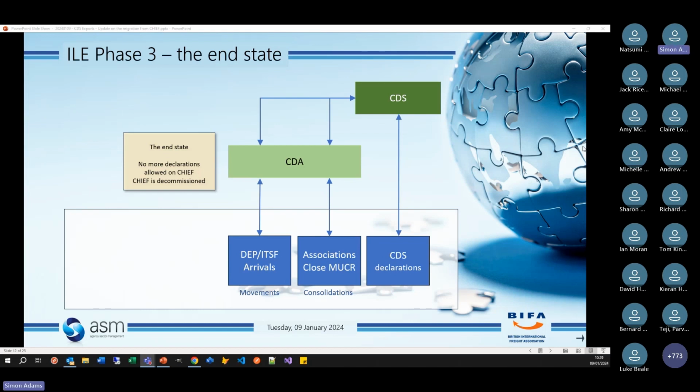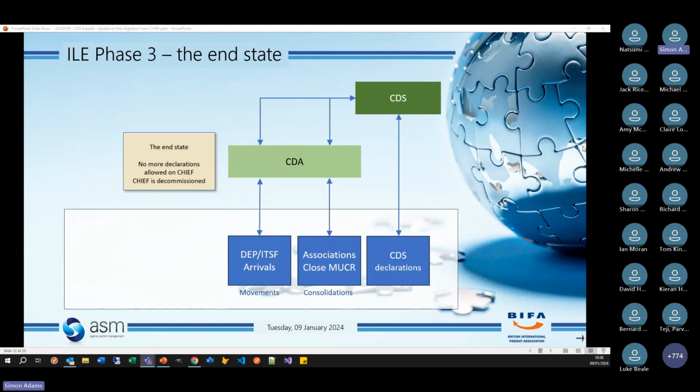All associations, closed muckers, dep arrivals, that sort of stuff, consolidation messages, movement messages, all those are going through CDA, but just talking to CDS. Chief is then decommissioned, and we all live happily ever after. That's the great plan. As I say, that is not far away.